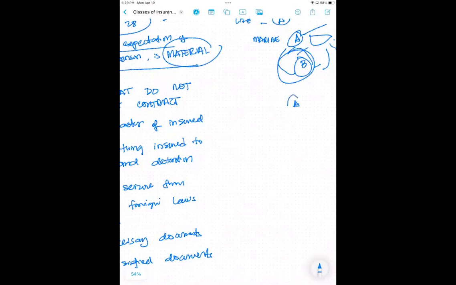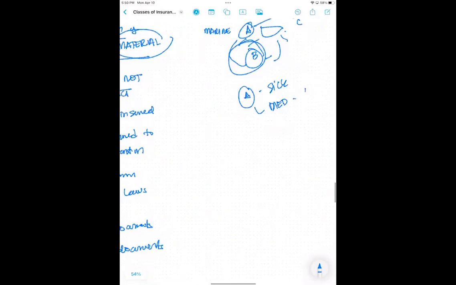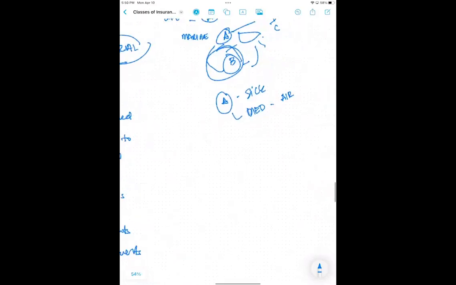A concealed that he was sick. A died, not because of his sickness, but due to an airplane crash. So, did the court allow the beneficiary to recover from the insurance policy? Answer no, right? Even if the cause of death has nothing to do with the fact concealed.